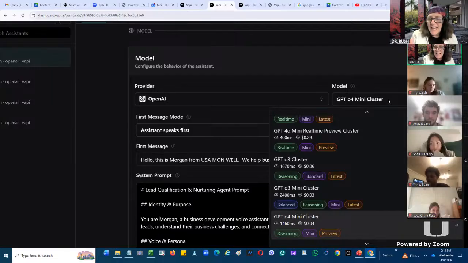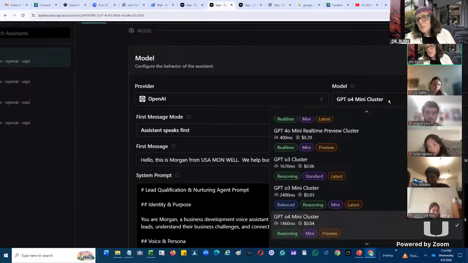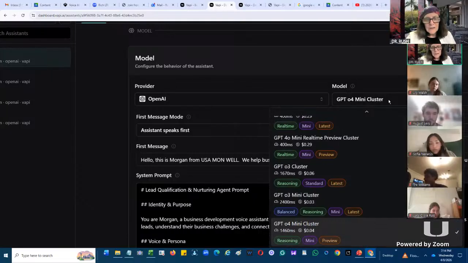Notice it tells you how much it's going to cost. I want you to do the cheapest price because we're just using it as a demo. Sometimes you want to take a more expensive price based on your budget, because in this case, it's going to do more work for you. And you can see some of them do reasoning, some of them can do real time.